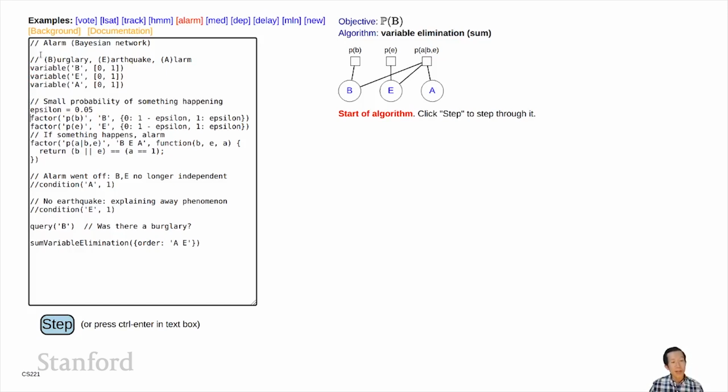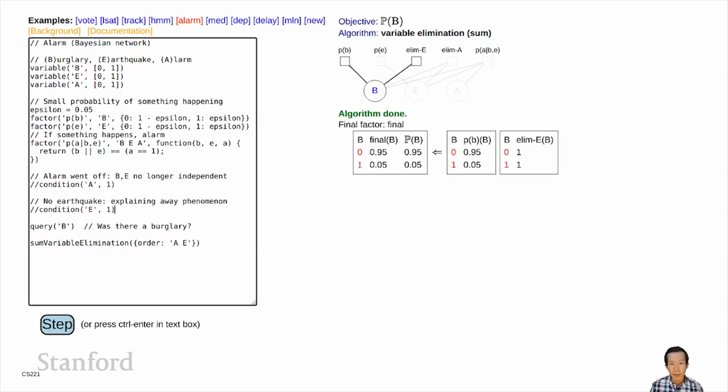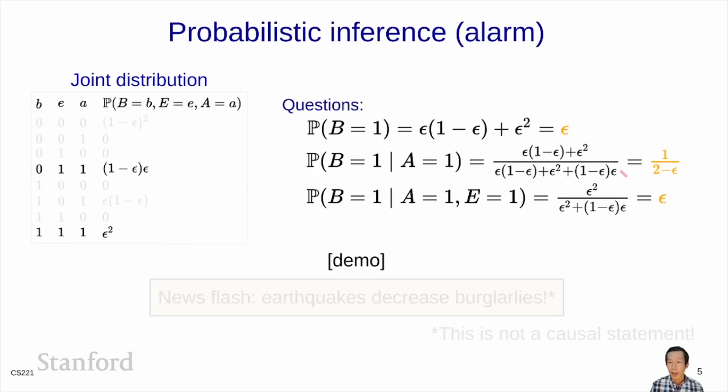I'm going to define factors, or local conditional distributions, here: probability of B, probability of E, probability of A given B and E. And now I'm going to ask for the probability of B. If I step through this algorithm, I see that the probability of B is 0.05, which is epsilon. Now what happens when I condition on A? When I condition on A, I find that the probability of B conditioned on E equals 1 is 0.51. Remember, this is 1 over 2 minus epsilon.